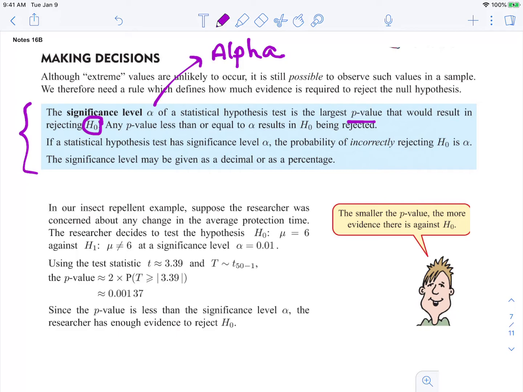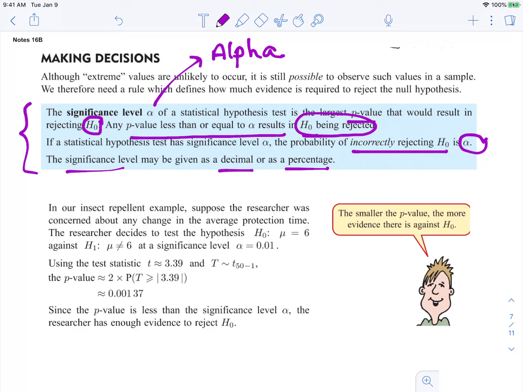Any p-value less than or equal to alpha results in rejecting the null hypothesis. If a statistical hypothesis test has significance level alpha, the probability of incorrectly rejecting the null hypothesis is alpha. The significance level may be given as a decimal or a percentage.